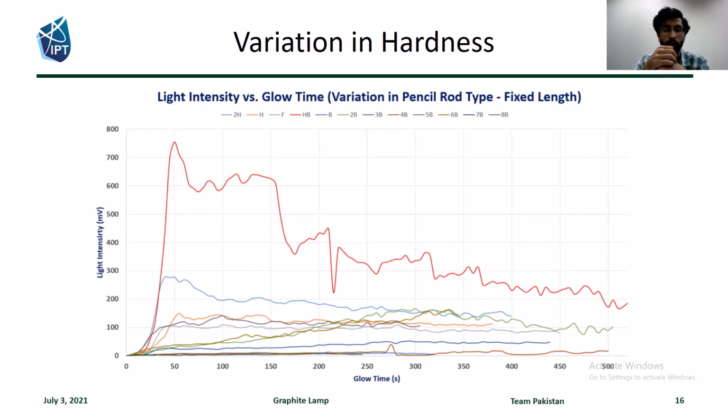I'm wondering, if you have a fixed voltage and different resistance, you have different currents, so do you have different power dissipation in your graphite? The 8B is the best one, but you haven't achieved the best current to have the HB glowing too. That's my question, and we need a very short answer, and it's going to be the last one.